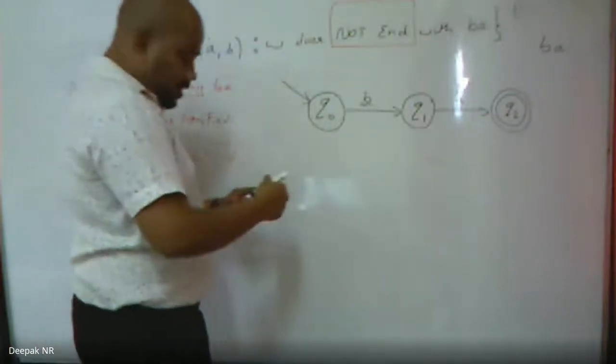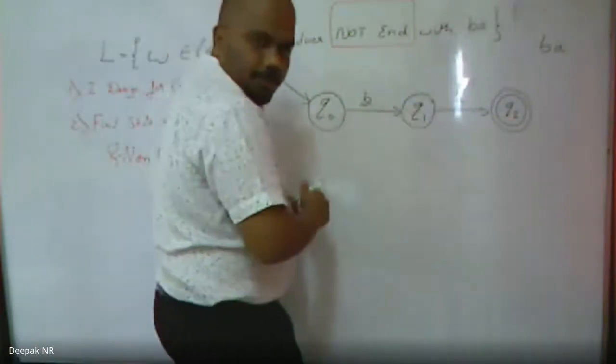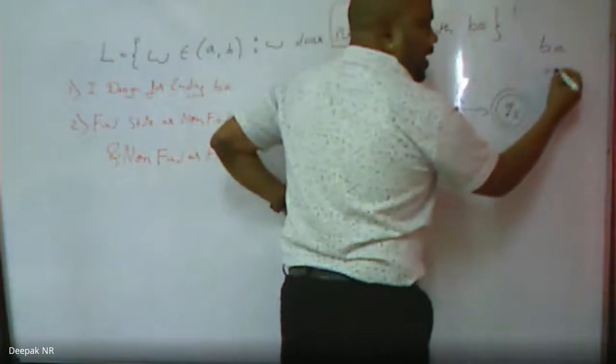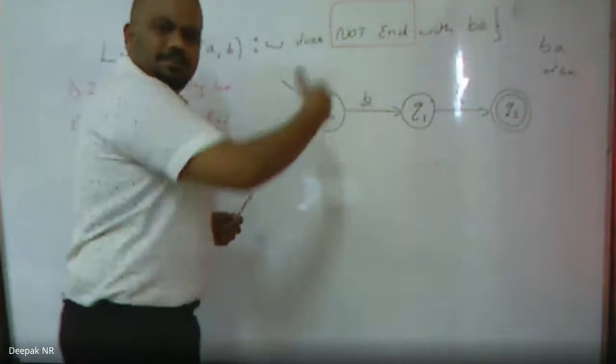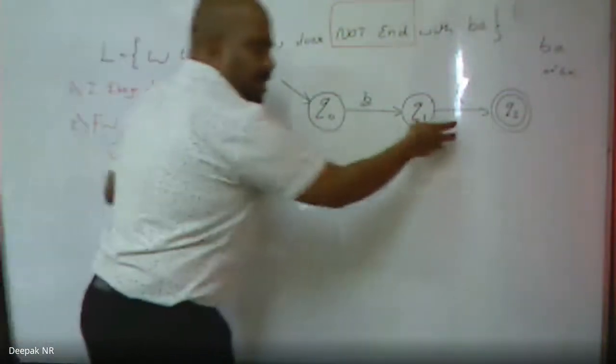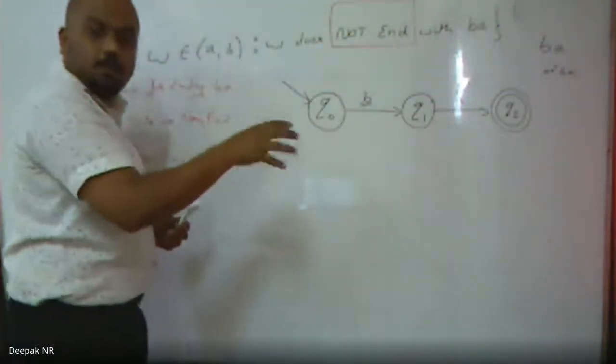Now what next? I'm designing for ending with BA, so it can be AA's BA, correct? And it can be in any format. Now I'll make sure I design a proper DFA diagram.